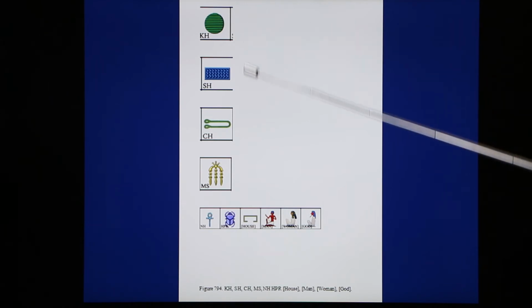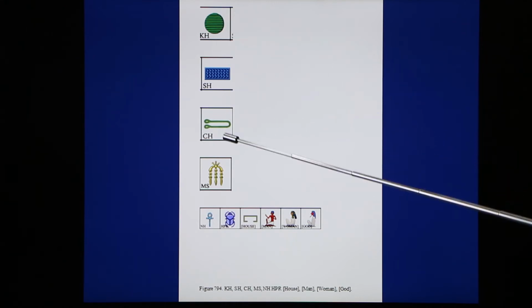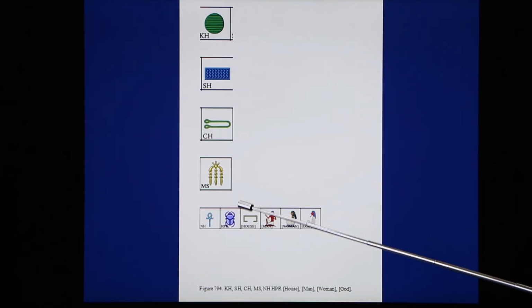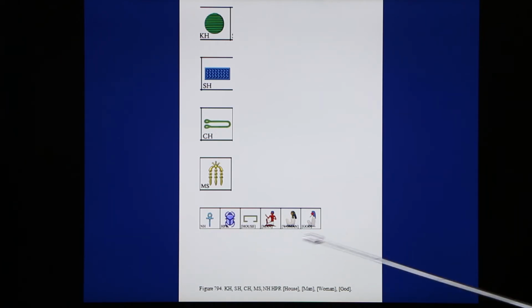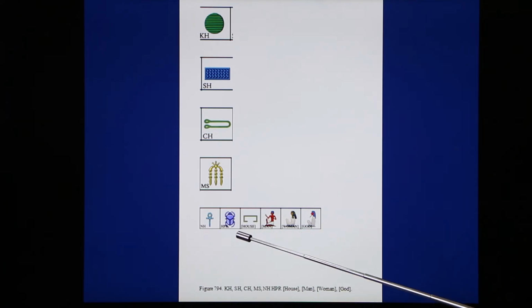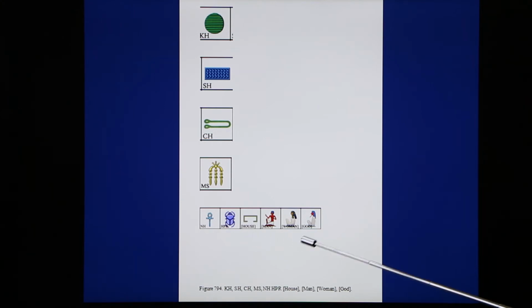And then at the end of the alphabet there are these double sounds, KH, SH, CH, and MS, linking with these. So NH, PH, house, man, woman, and God.